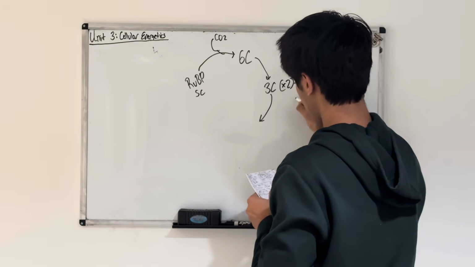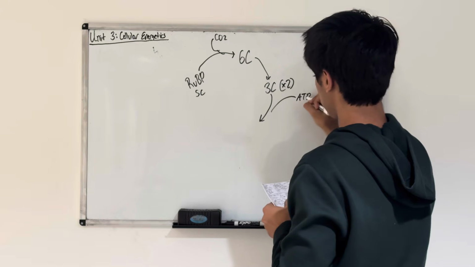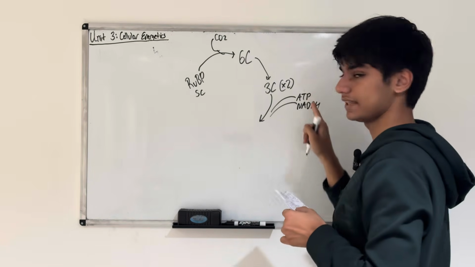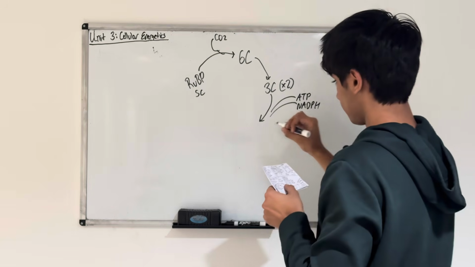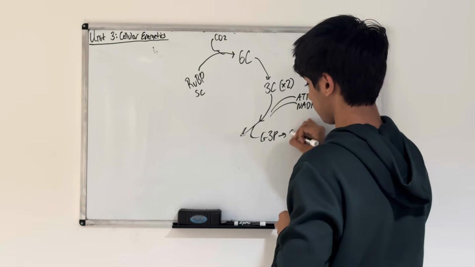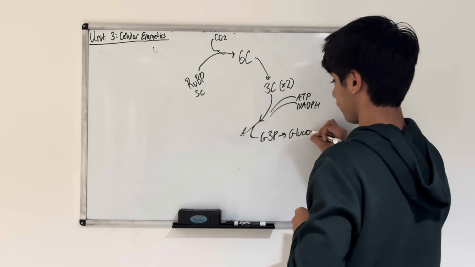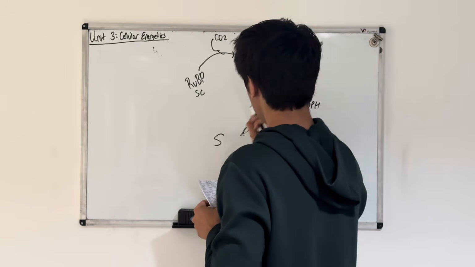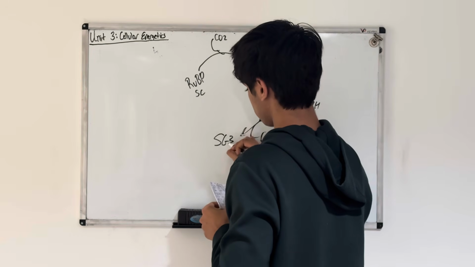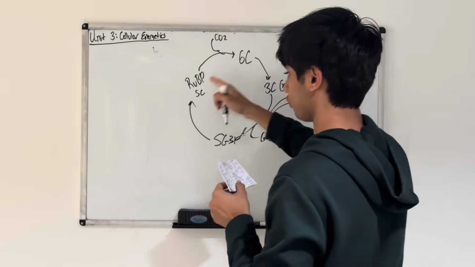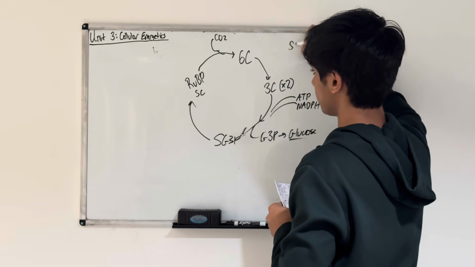We then use our ATP and our NADPH, which then of course become ADP and NADP plus, to create G3P. G3P is then used to make glucose, which is one of our final products. And we also have 5 G3Ps left. These 5 G3Ps are then made back into RuBP. And the Calvin cycle occurs in the stroma.